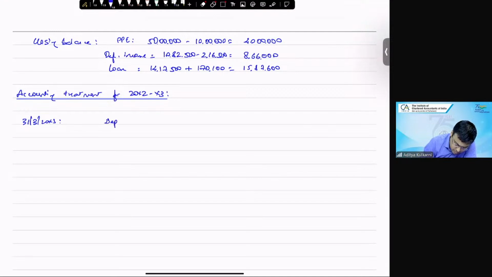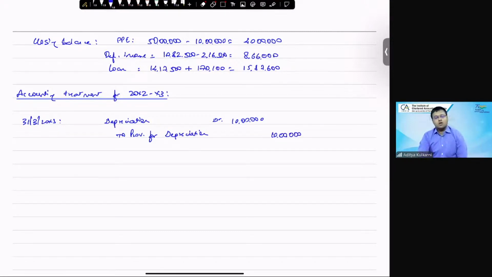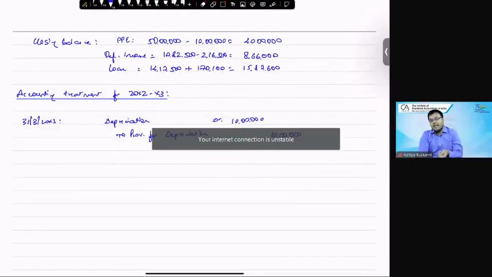So depreciation debit to provision for depreciation 10 lakhs. Okay, is charged. That means I can recognize one more year of deferred income.